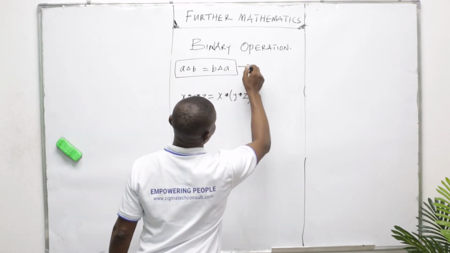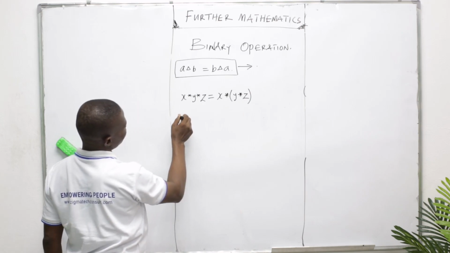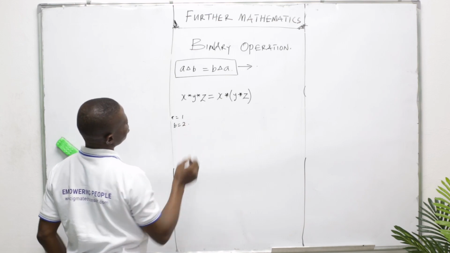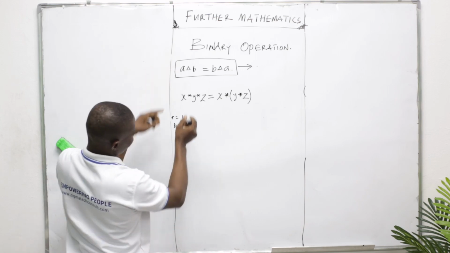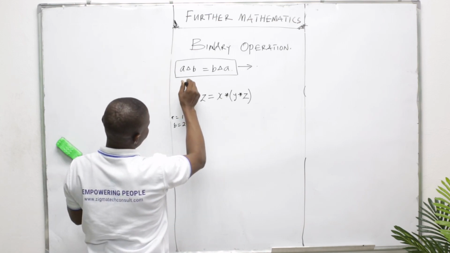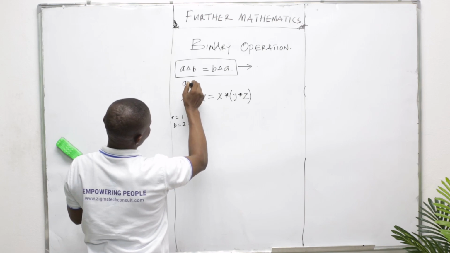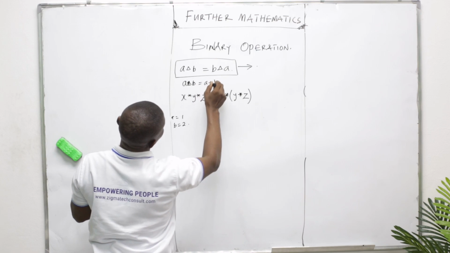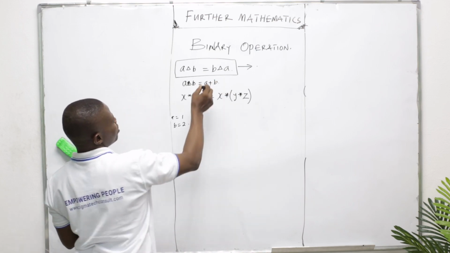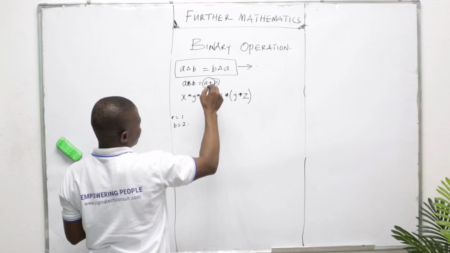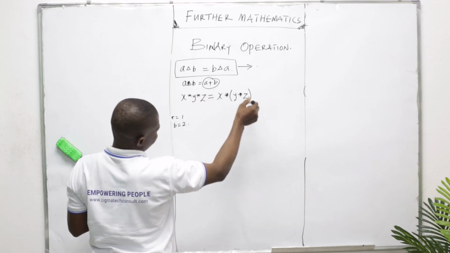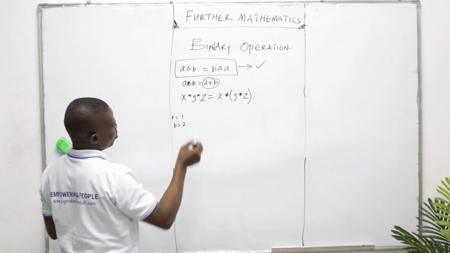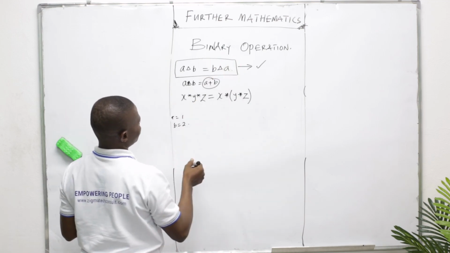For instance, under commutativity, if A is 1, B is 2. Assuming the formula here is A operating on B equals A plus B. If A plus B will give us the same as B plus A, we term it commutative over the operation.